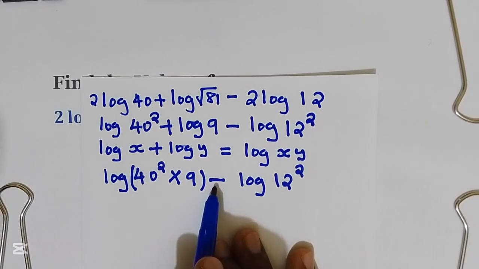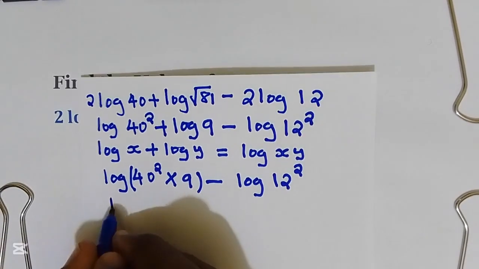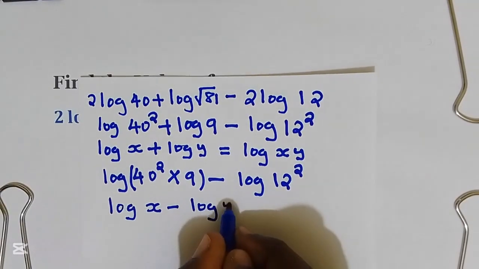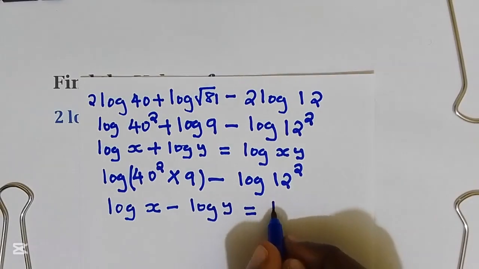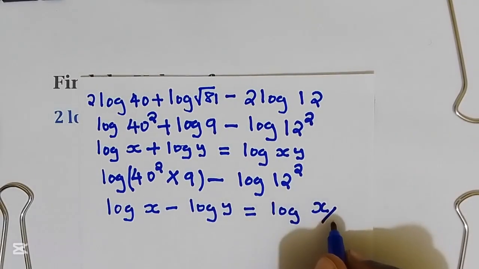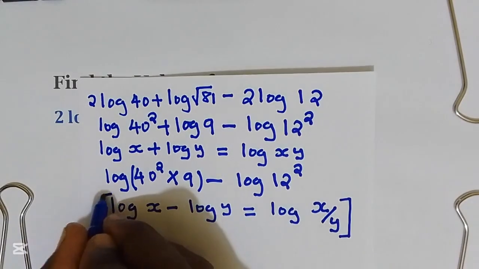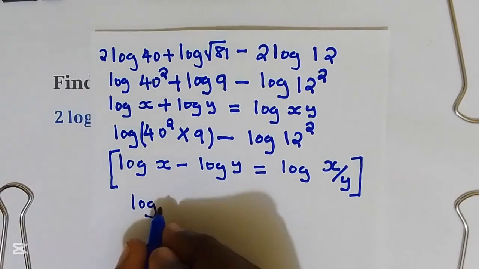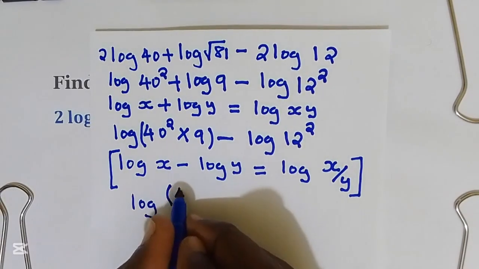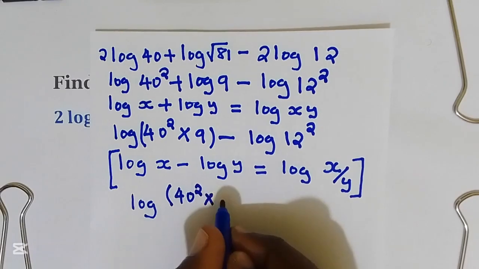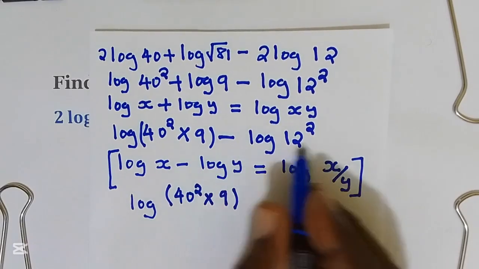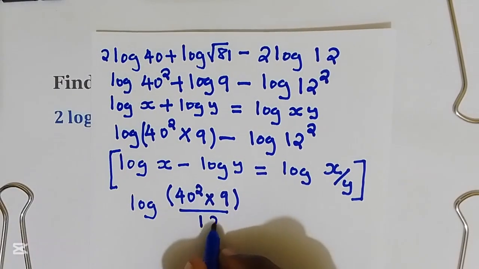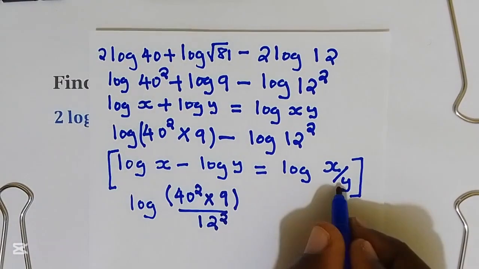We are going to use quotient rule, which states if we have log x minus log y, this is equal to log x over y. This will be equal to log 40 square multiplied by 9, over 12 power 2, according to our quotient rule here.